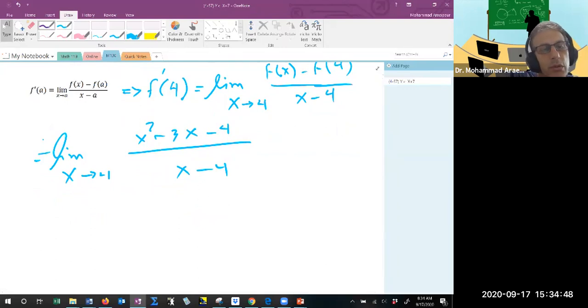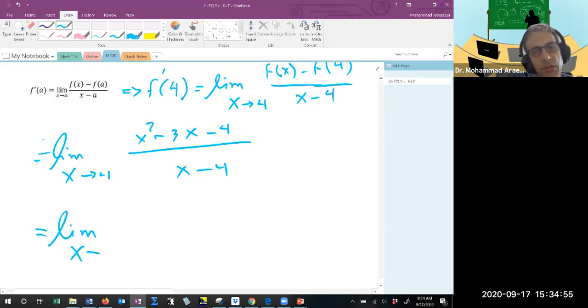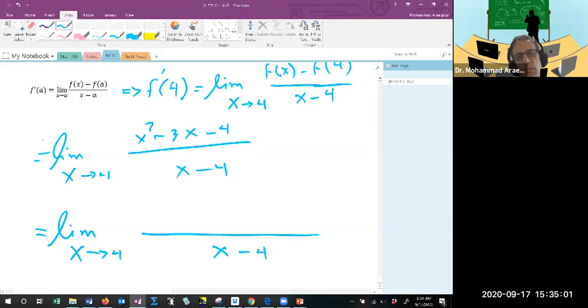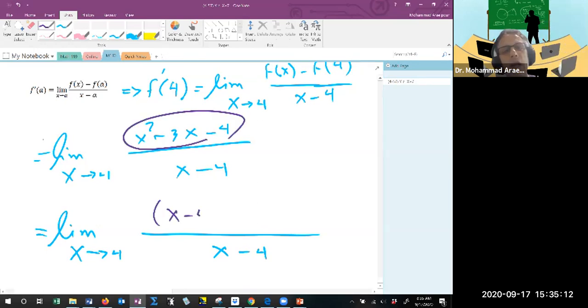When you have 0 over 0, and by the way, when you calculate this, you always have 0 over 0, sometimes infinity over infinity. The 0 in the numerator is not a problem, the 0 in the denominator is, so you have x minus 4. And you're hoping that will drop, and so the top should have a factor of x minus 4. So you can even start with that, hoping that you have that, okay?